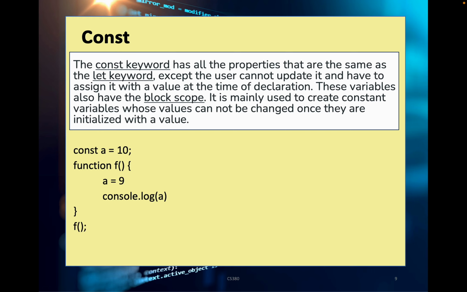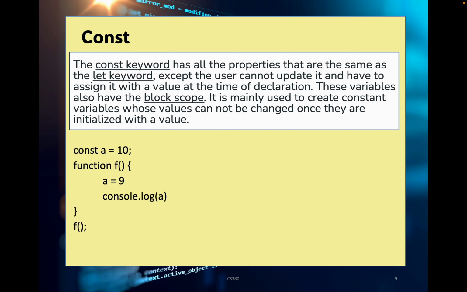The value which comes under const cannot be changed throughout the script. Even if you have n number of lines of code, once you have defined that value, you cannot change it.